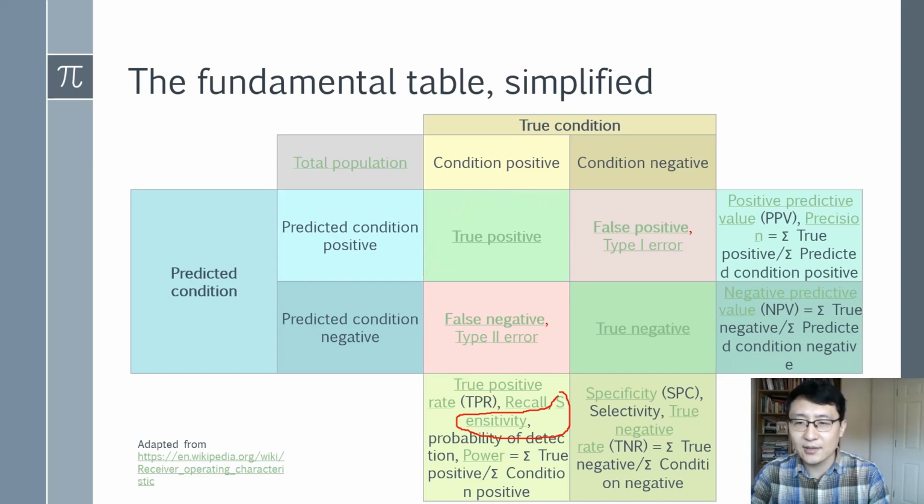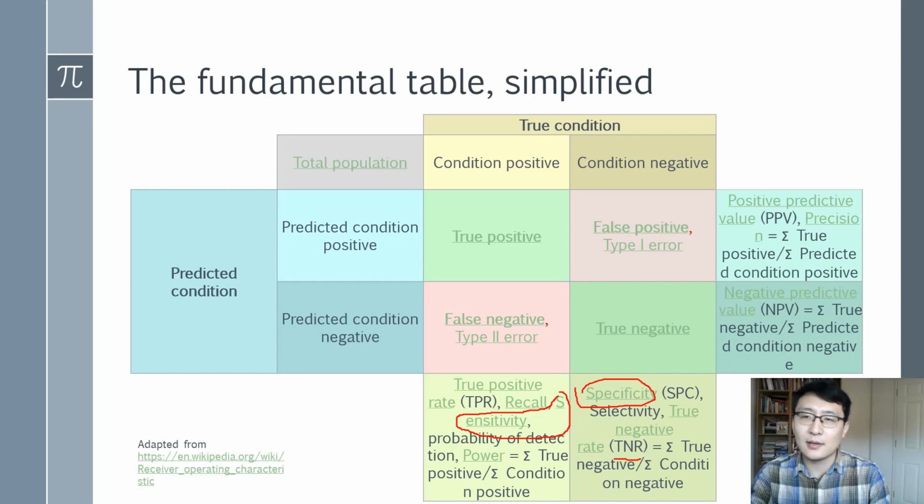Likewise, you can define specificity, which is the true negative rate. People use different terms in different contexts or different subjects, so basically this is just another name. Sensitivity is the true positive rate. Specificity is the true negative rate. On the right hand side, you have the PPV, positive predictive value, and the negative predictive value.